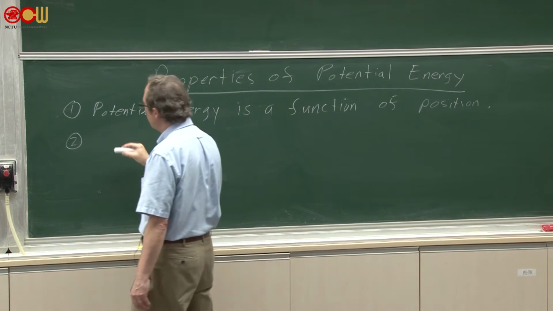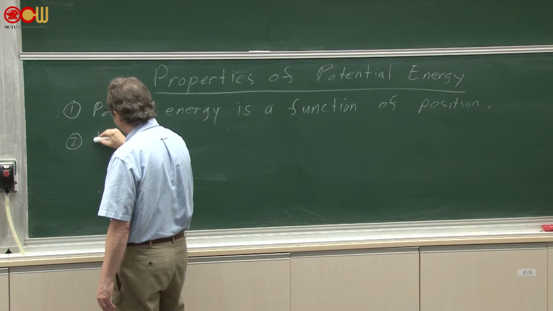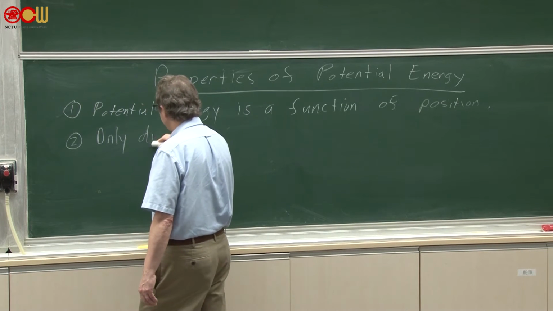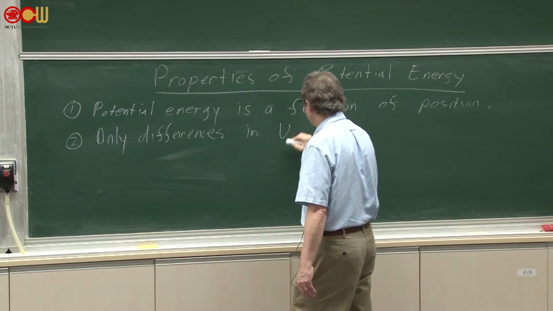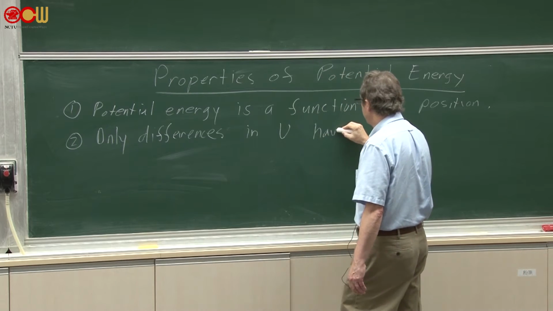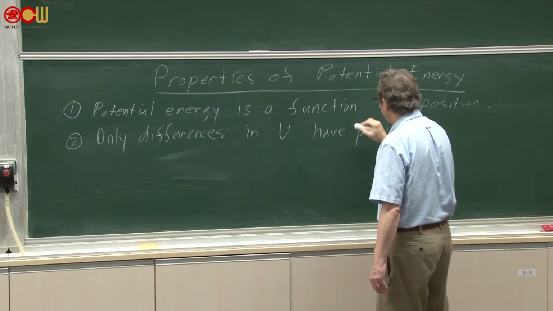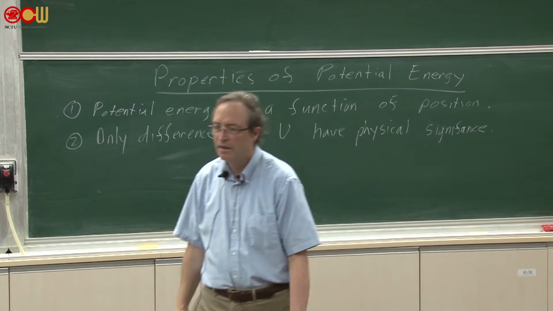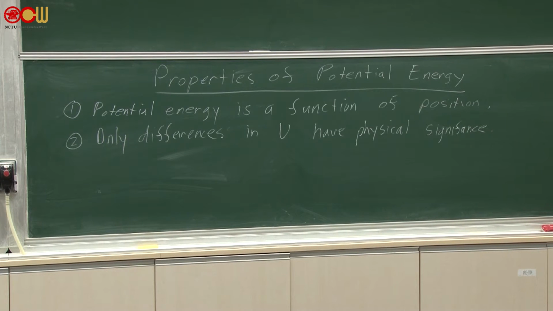All right, the second is that only differences in U have physical significance. So what does that mean? I have to define my zero of potential energy. I have to define where the potential energy is zero.